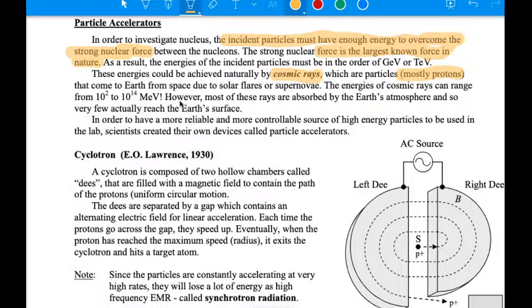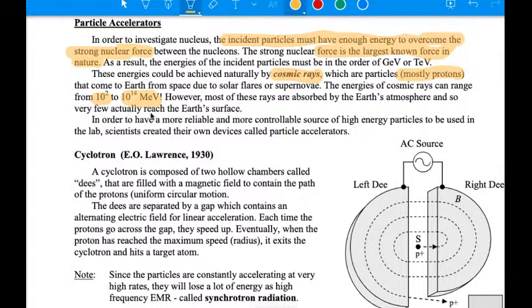The energies of cosmic rays can range from 10 to the 2, just shy of a giga electron volt, all the way to the order of 10 to the 14 mega electron volts, which we don't have a prefix for in our data sheet. That's extremely large. Most of them are absorbed by the Earth's atmosphere, so very few actually reach the Earth's surface. So you're not getting these particles breaking apart the strong nuclear force in nuclei on Earth very often.